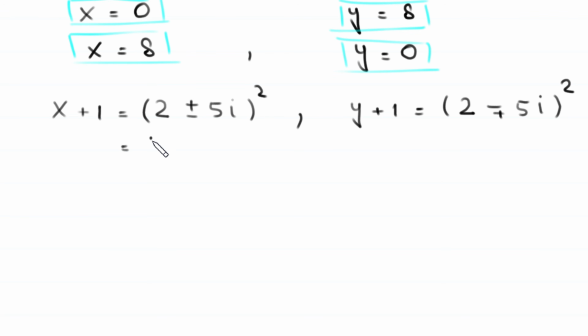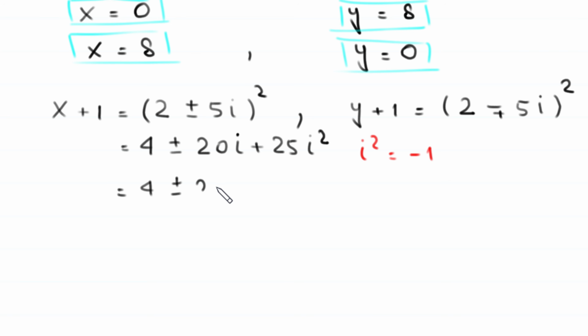This will become 4 plus minus 20 times i plus 25i squared. Since i squared is equal to negative 1, this will become 4 plus minus 20 times i minus 25, and this will become negative 21 plus minus 20i.